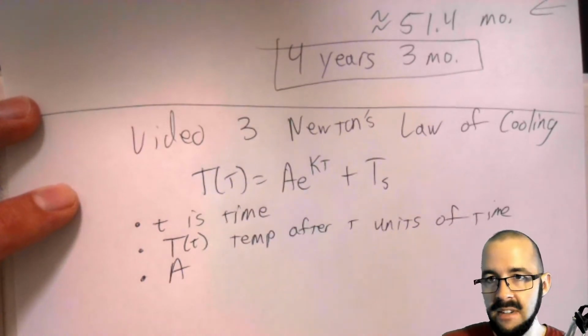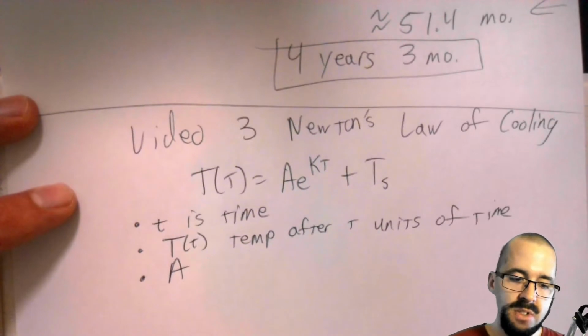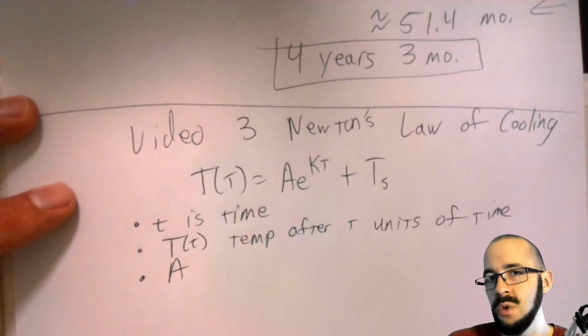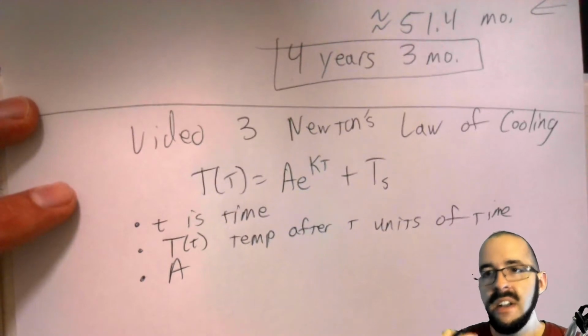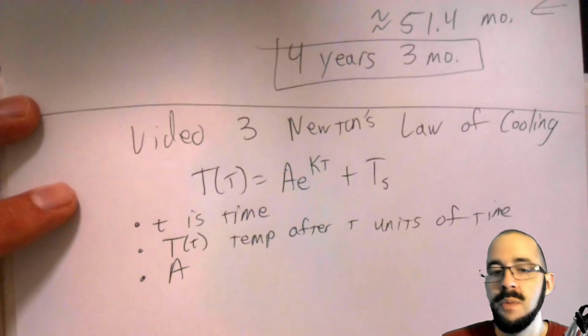A is the difference between an object and the ambient temperature. So we'll model how an object cools. Like if we take something out of the oven, what does its temperature look like over time? And the ambient temperature would be your room temperature.